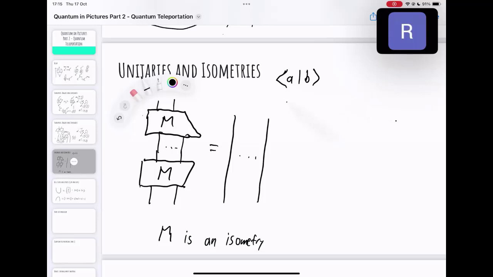If I've rotated both A and B, or transformed A and B by the same operation M, the same isometry, then I'll end up getting something like this, and you get the same thing. So this tells you that's why it's called isometry, really. It preserves distances.